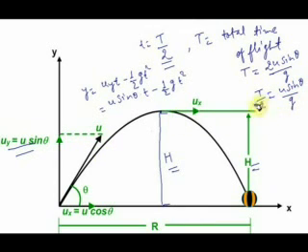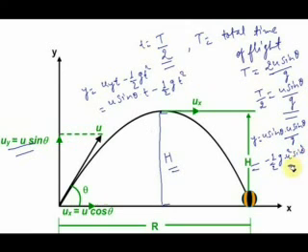So putting t as u sin theta by g, we get y is equal to u sin theta into u sin theta by g minus half g, t square would be u square sin square theta by g square, or y is equal to u square sin square theta by 2g.